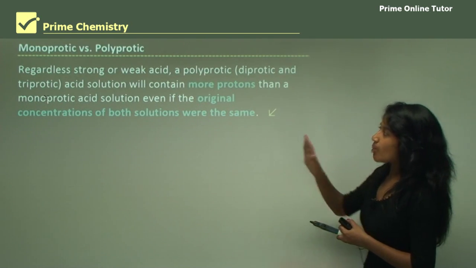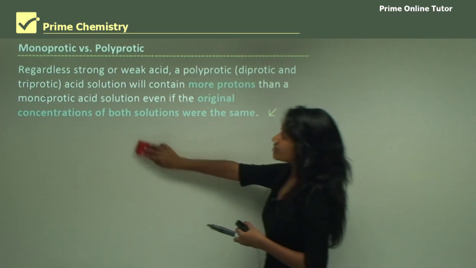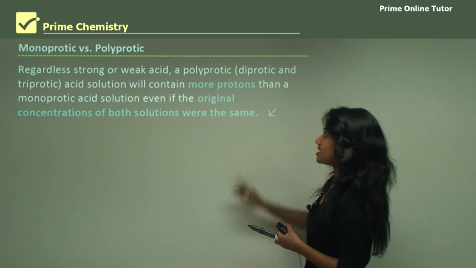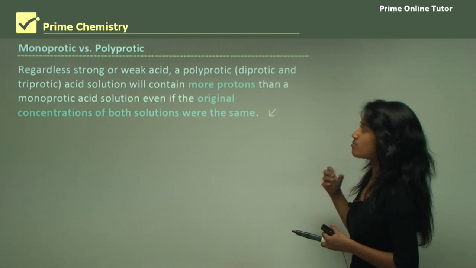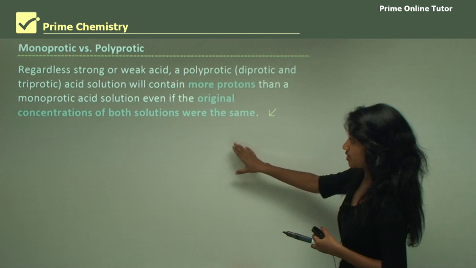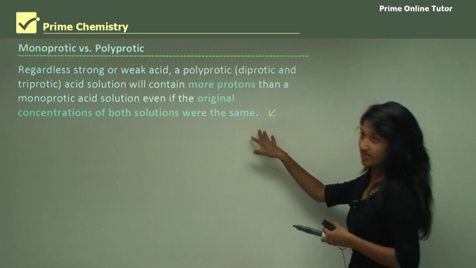Now let's look at monoprotic versus triprotic. Regardless of strong or weak acid, a polyprotic, that means a diprotic or a triprotic acid, solution will contain more protons than a monoprotic acid solution, even if the original concentrations of both solutions were the same.